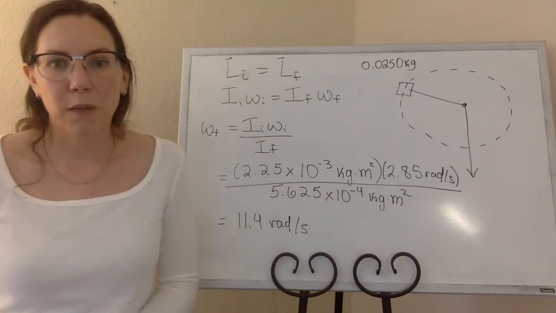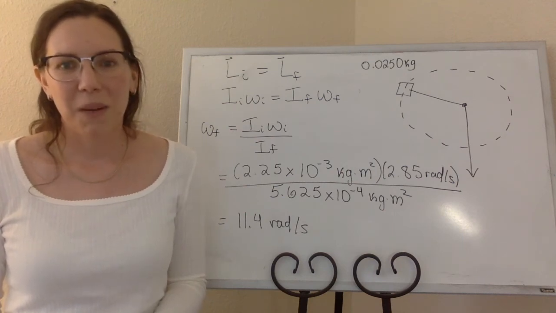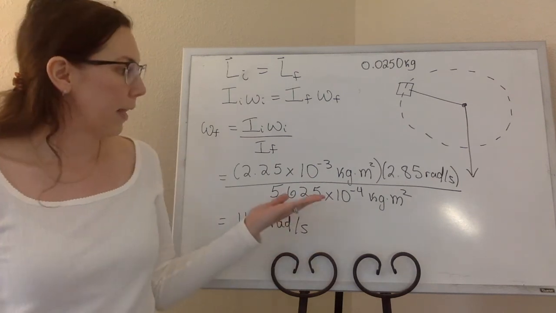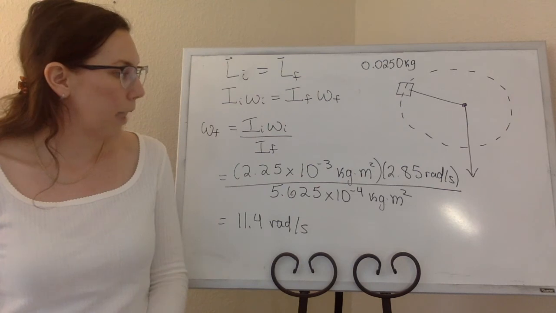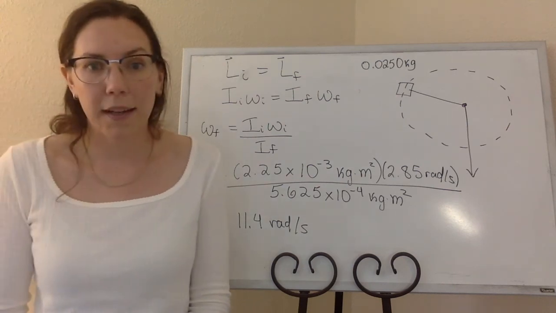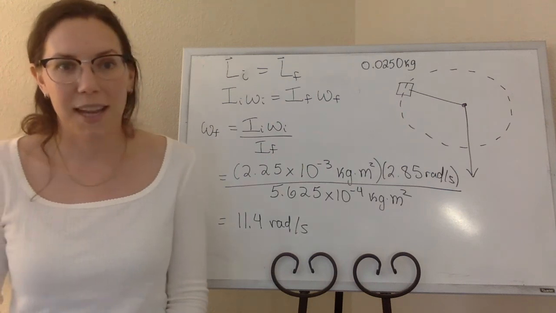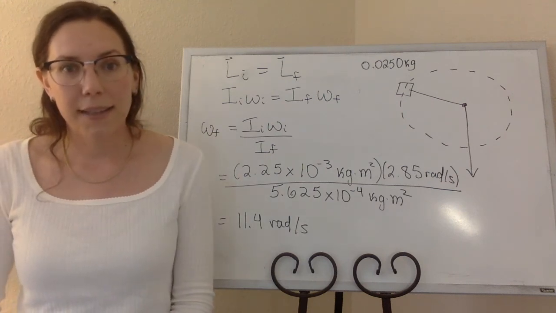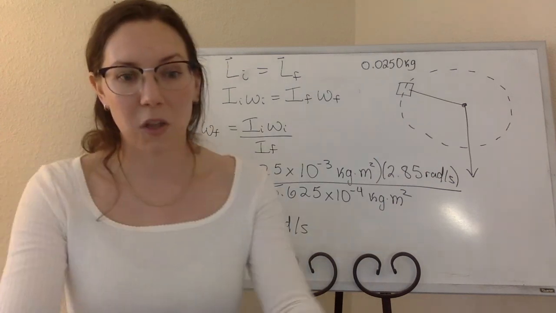So 2.25 times 10 to the negative 3 kilogram meters squared times 2.85 radians per second, divided by the final moment of inertia, 5.625 times 10 to the negative 4 kilogram meters squared, gives a final angular velocity of 11.4 radians per second.